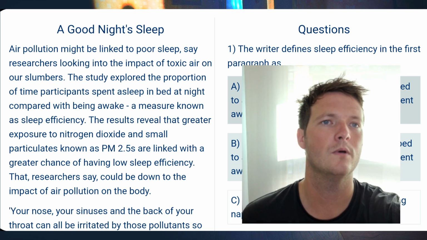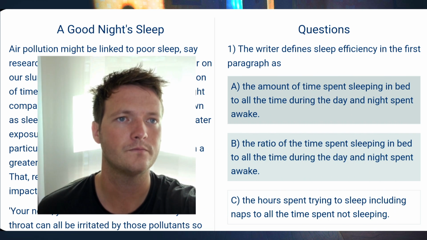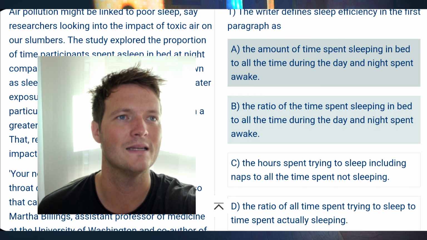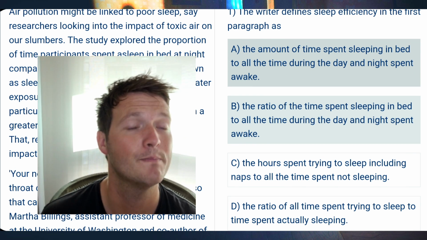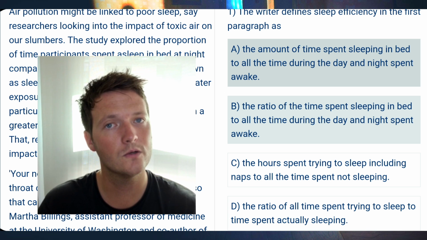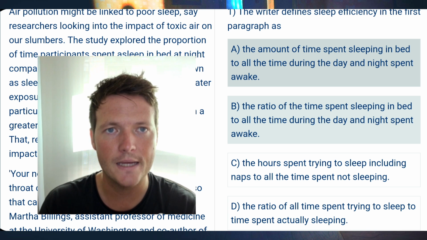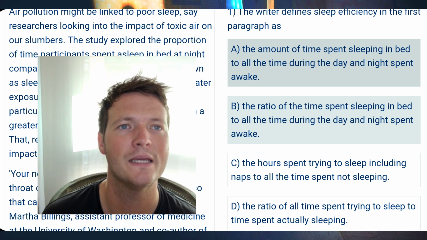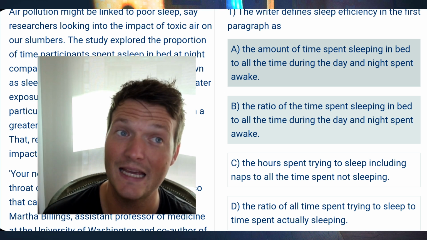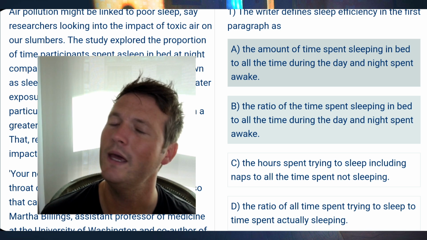Right? So our 4 options. A, the amount of time spent sleeping in bed to all the time during the day and night spent awake. No, we're talking about nights in bed, how much time. So it's not A, I don't think. B, the ratio of time spent sleeping in bed to all the time during the day and night spent awake.